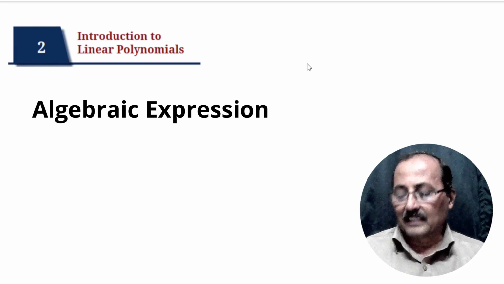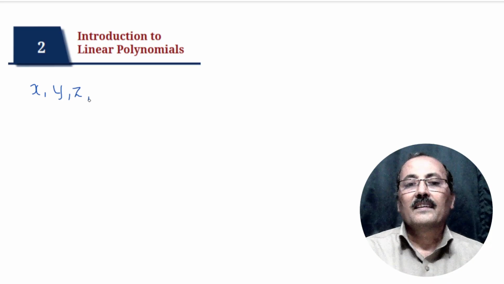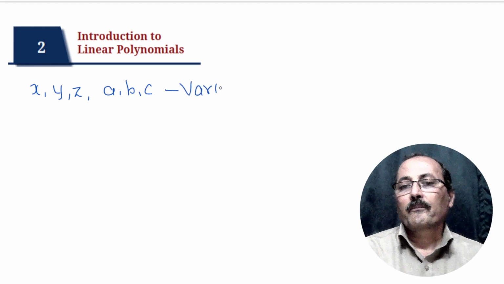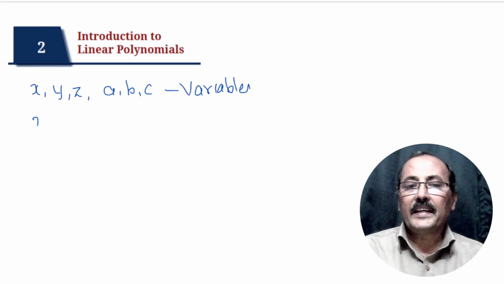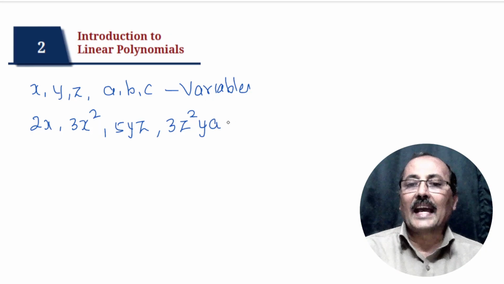In the previous classes, we have studied x, y, z, a, b, c. These are all called variables. Then we studied 2x, 3x square, 5yz, 3z square, and so on.